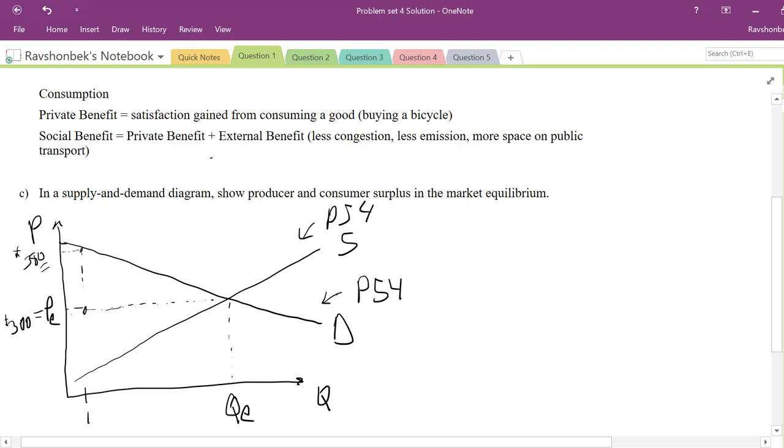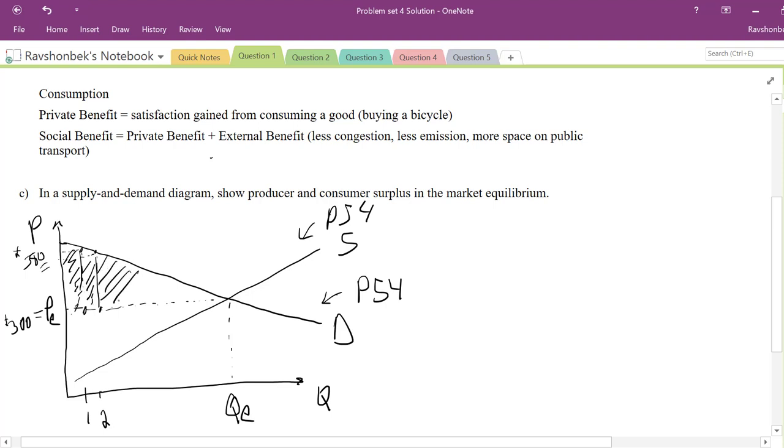But then price in the market is £300, so the difference now is called consumer surplus here. Now the next consumer will buy the second unit, but their budget could be £375, but they are still paying £300. So this area was yours, your consumer surplus, and their consumer surplus is this area, and so on and so forth.